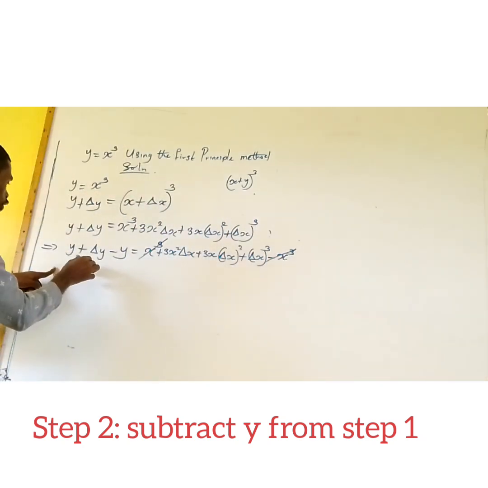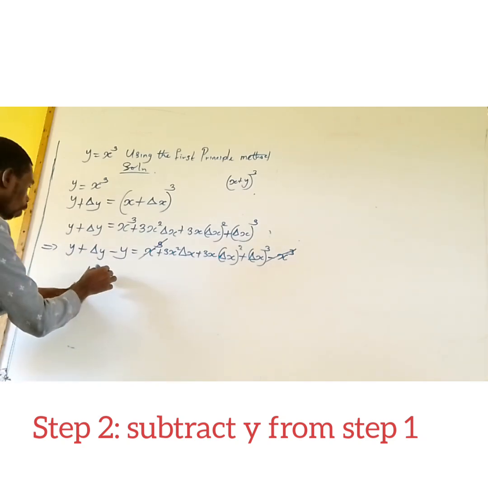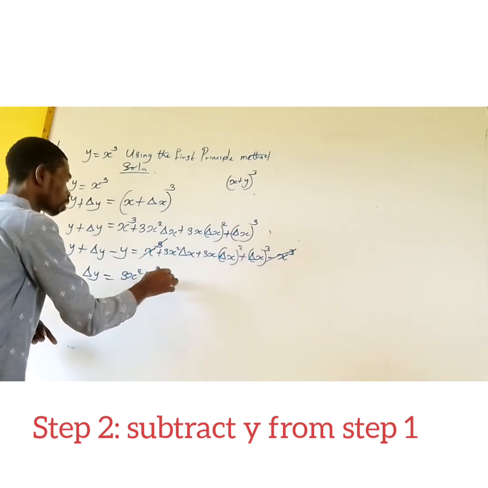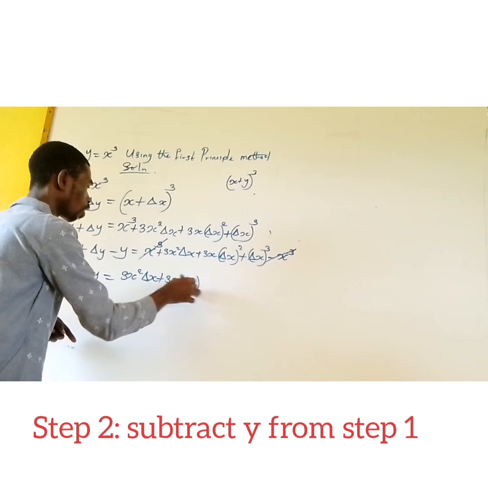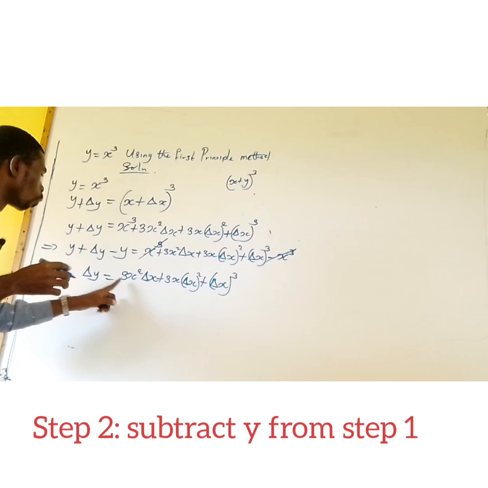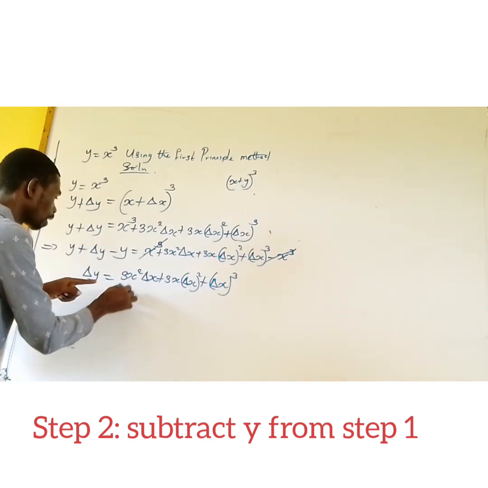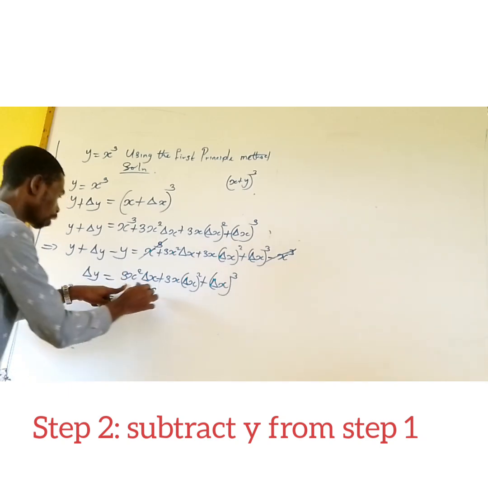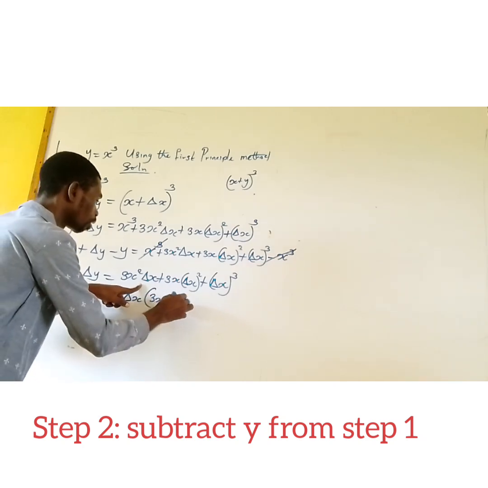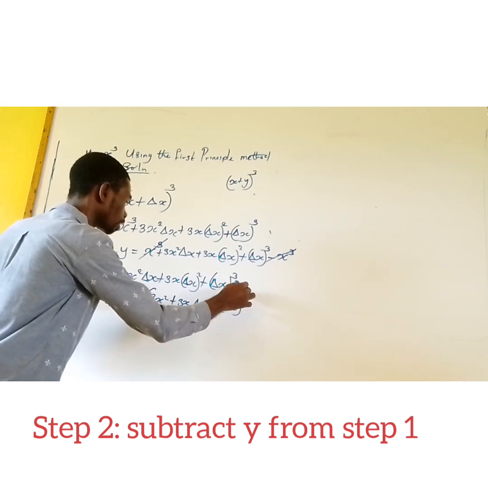So we are left with change in y, because y here also crosses y here. So change in y is equal to 3x squared delta x plus 3x delta x all squared plus delta x cubed. Now, we can factorize delta x out. So if we factorize delta x out, we have delta x, which is change in x, times 3x squared, there's no more delta x here, plus 3x change in x plus change in x squared.